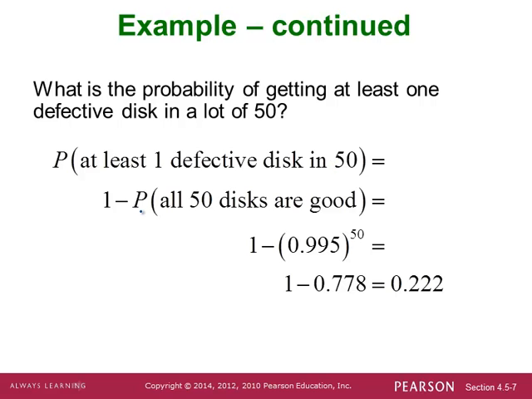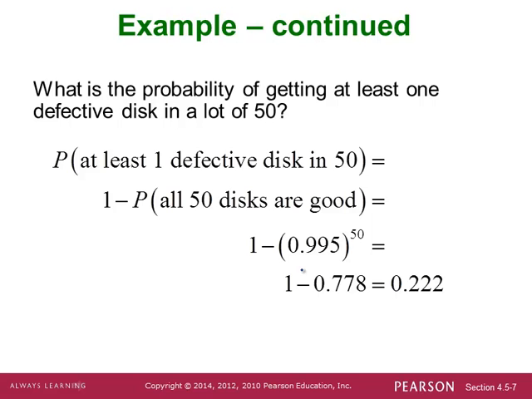Now, the probability that all 50 discs are good means that the first disc is good, which has a probability of 0.995, and the second disc is good, which also has a probability of 0.995, and so forth. And by the way, each of those individual outcomes that a DVD is good is independent of any other disc being good.